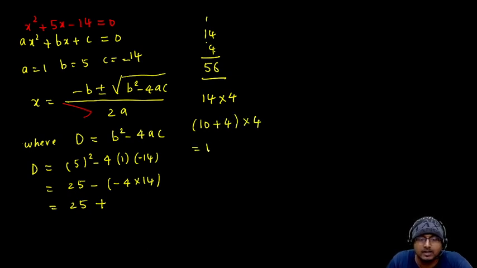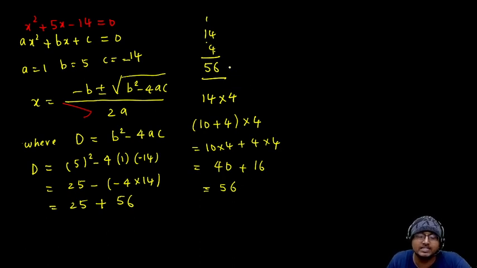So it will become 10 into 4 plus 4 into 4, which is 40 plus 16, so 56. This is easier than the other one. Suppose there is a bigger number, it will become difficult. So this can also be one of the processes to solve multiplications.